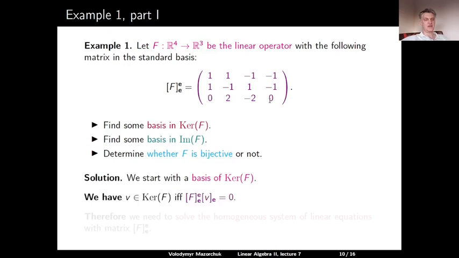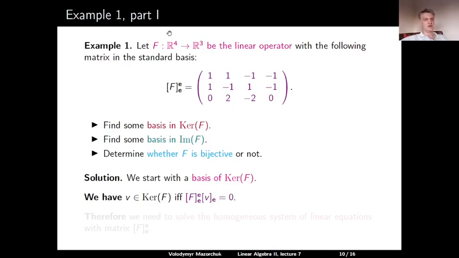So an element V is in the kernel of F if it is sent to 0 by F. Writing this using the coordinate map with respect to the standard basis, we have that V is in the kernel of F if and only if the product of the matrix of F with the vector of coordinates of V in the standard basis is 0.